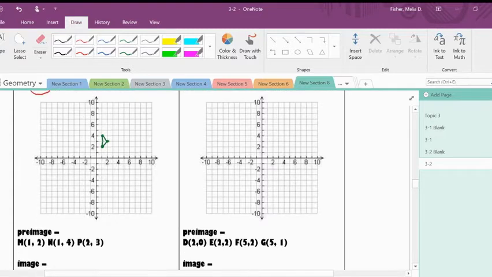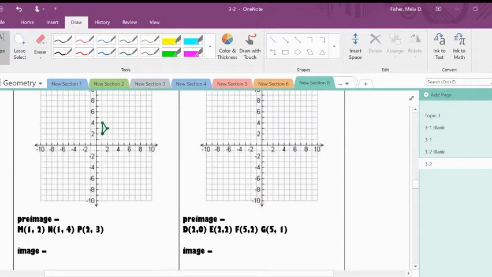If you don't love counting, one of the other things that you can do is look at your coordinates and subtract 3 and add 2 to each of those numbers and get your image point.